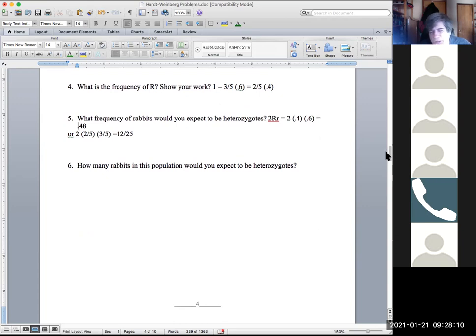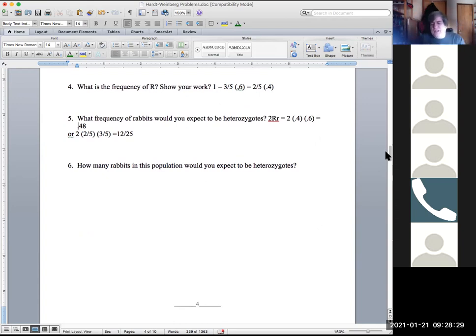Okay, now notice there's a difference. You might at first glance think questions 5 and 6 are the same, but think about why they're different. 5 is the frequency. 6 is how many actual rabbits are heterozygous.